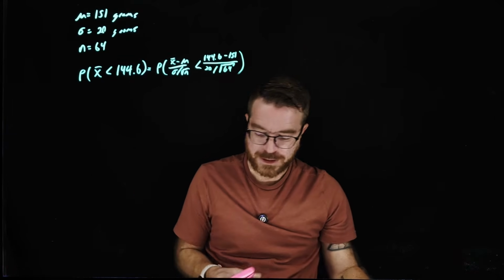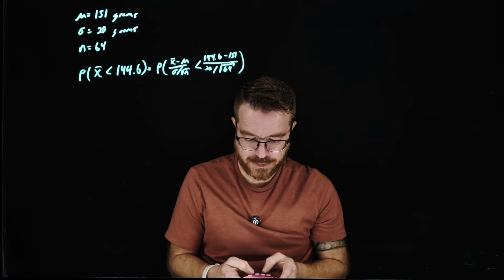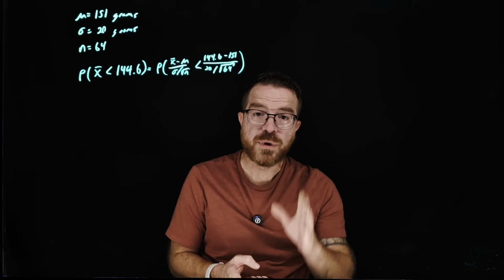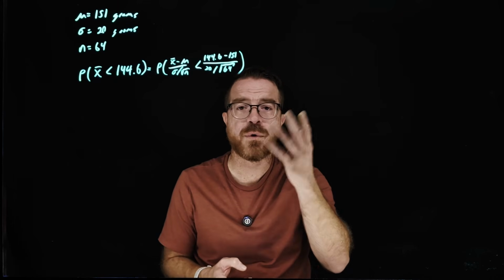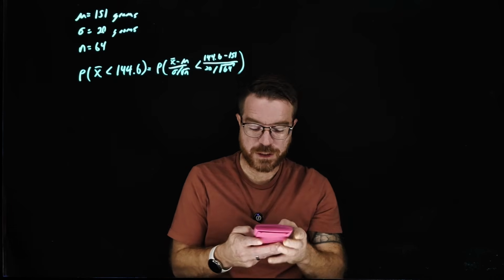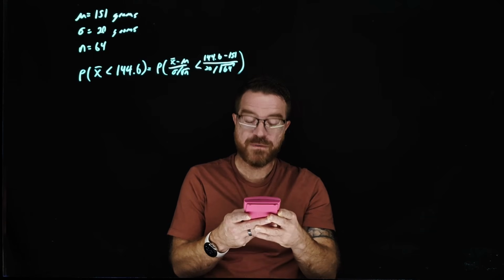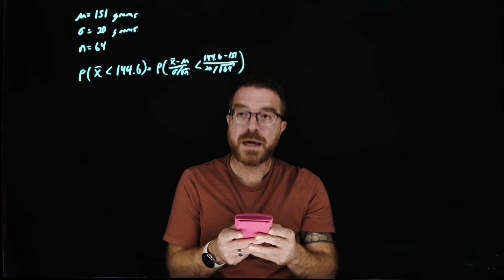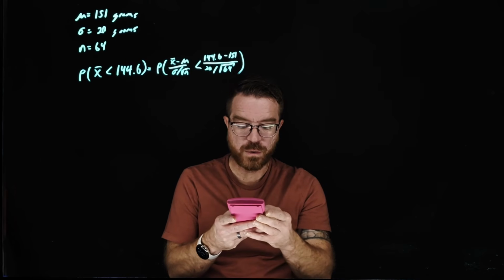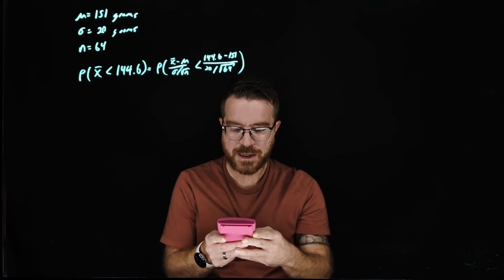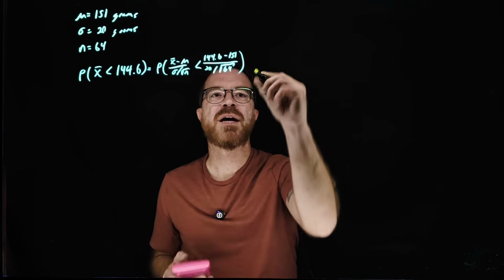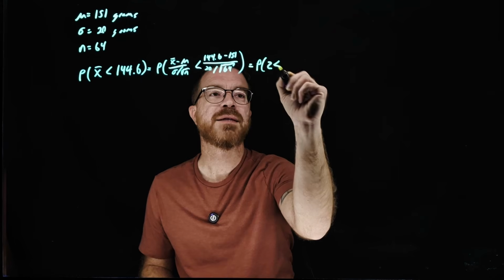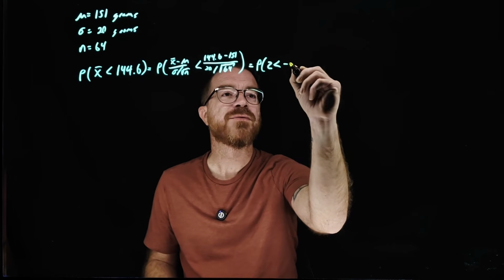So now doing this, I'm going to plug this into my calculator. The square root of 64 is just equal to 8. So this is going to be, open parentheses, 144.6 minus 151 divided by, open parentheses, 20 divided by 8, and I'm going to get a z value of probability z is less than, inequality is the same, negative 2.56.